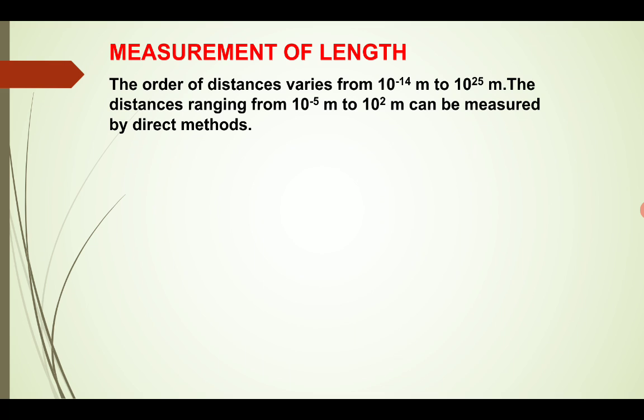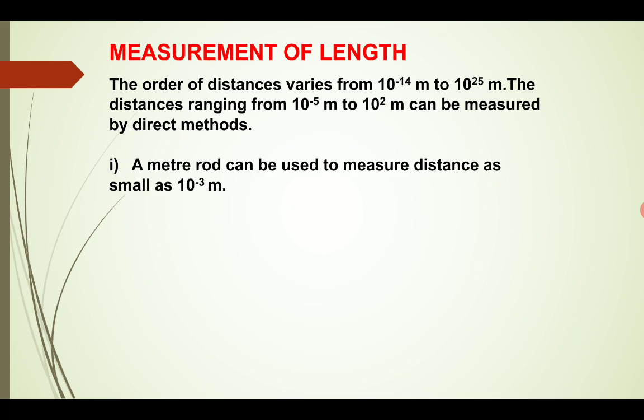The distances from 10 raised to power minus 5 meter to 10 raised to power 2 meter can be measured by direct methods, which involve comparison of the length to be measured with a chosen standard length, with the help of scales and instruments we have in our lab.